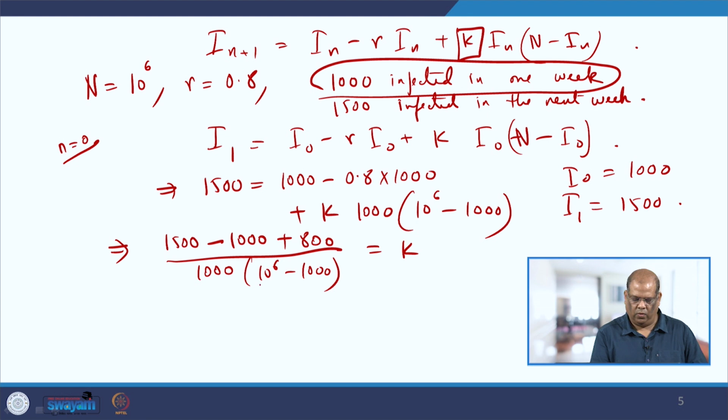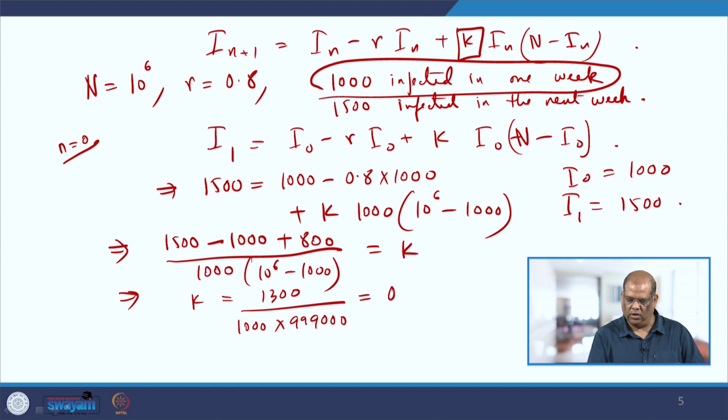If you simplify, this gives k equal to 1300 divided by 1000 times 999000, and if you simplify, you will get 1.3013 into 10 to the power minus 6.